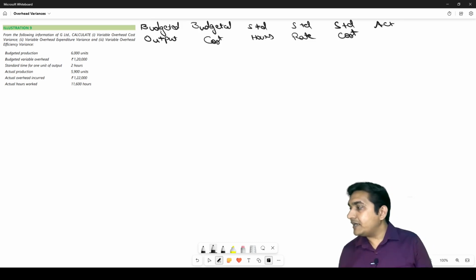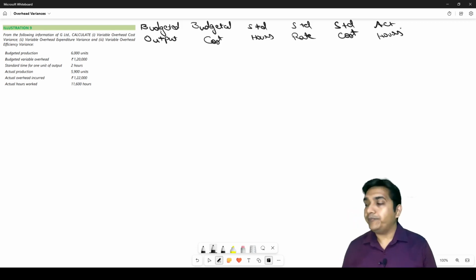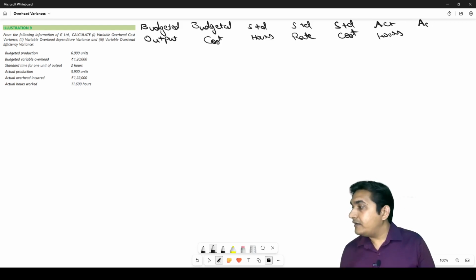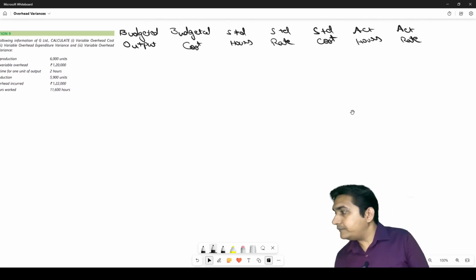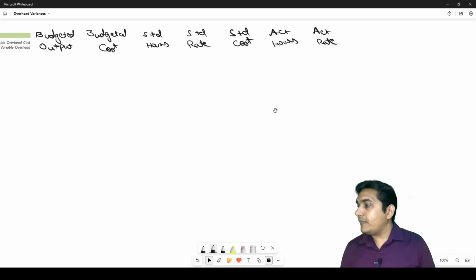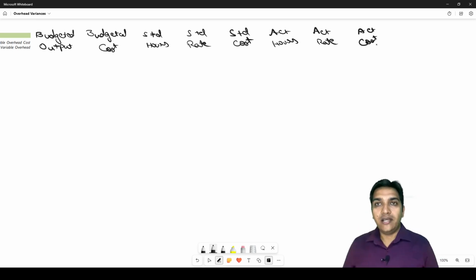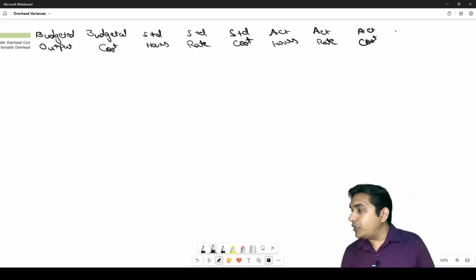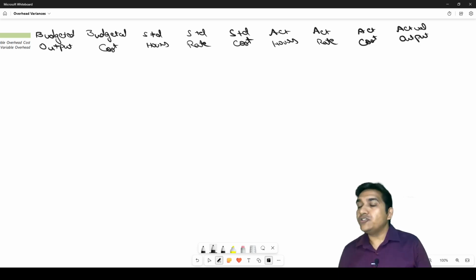Then we will capture our actual hours, actual rate, and actual cost. We also have one more information, which is the actual output. Let's say actual output.